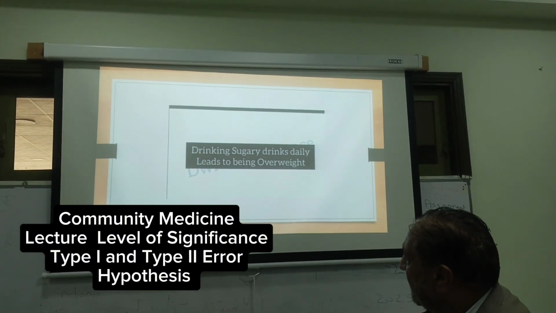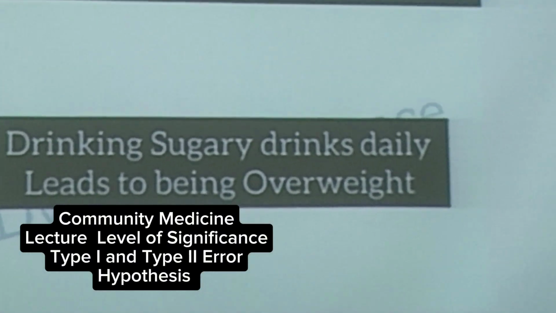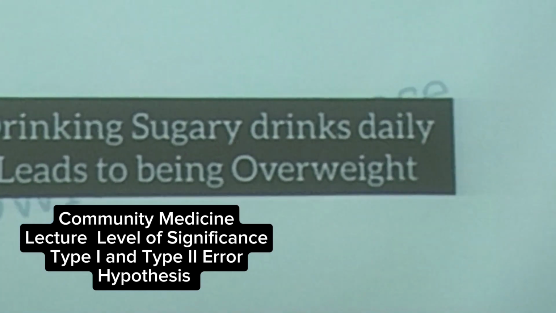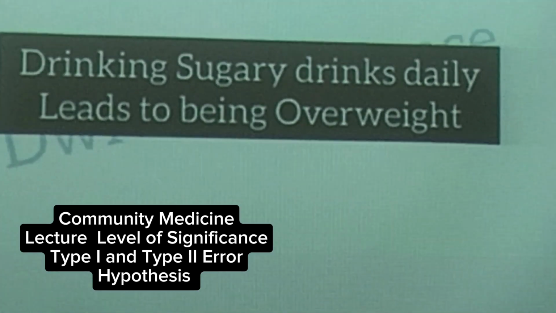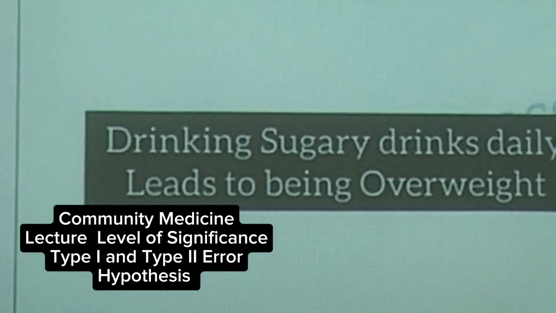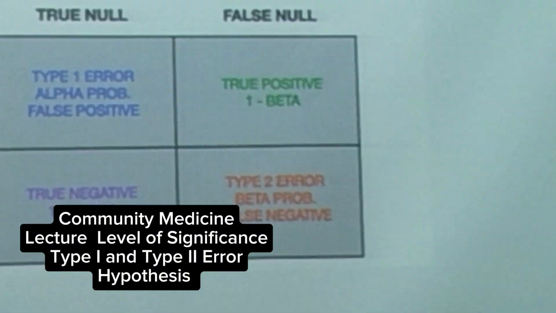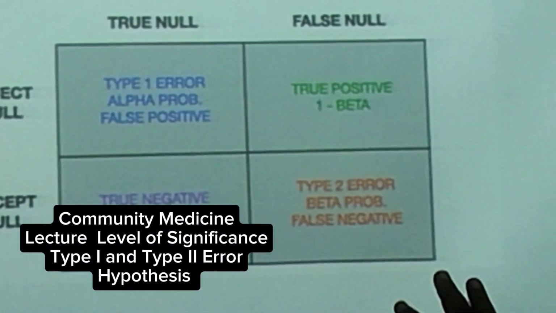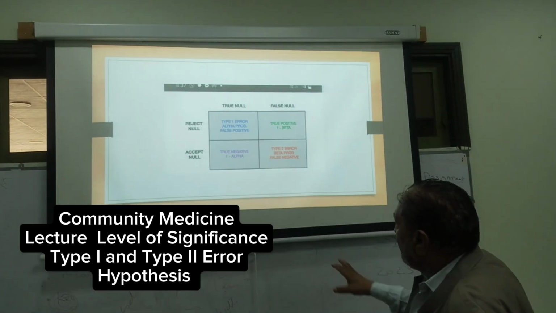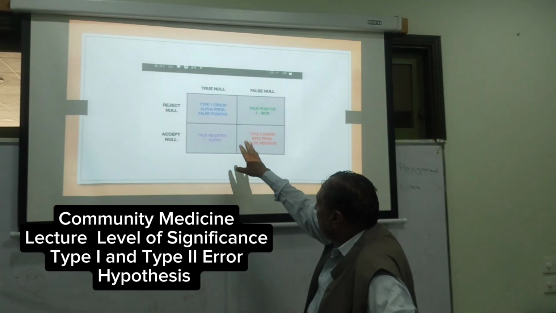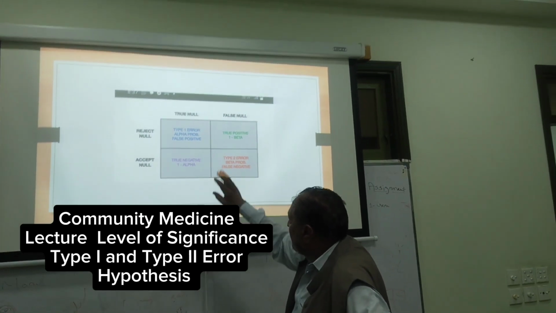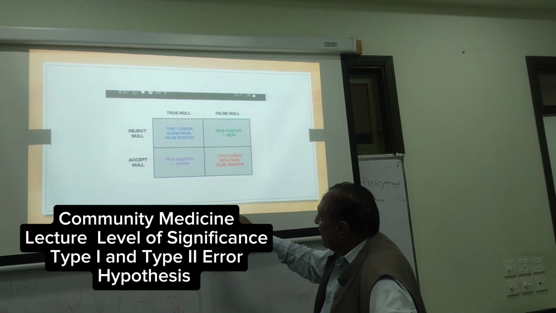This is a hypothesis: drinking sugary drinks daily leads to being overweight. So you become fat if you take more sugar. Then you have to test it, and if the null hypothesis is true and you reject it, then it is a type 1 error.